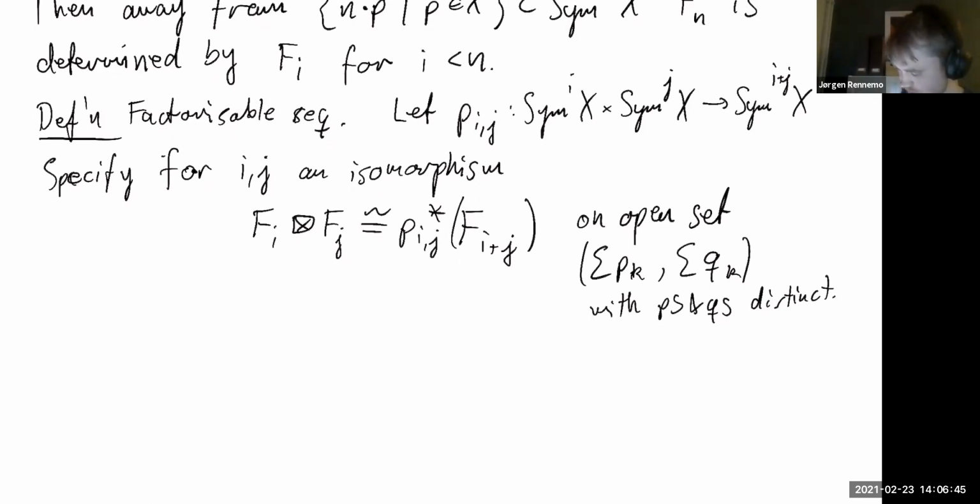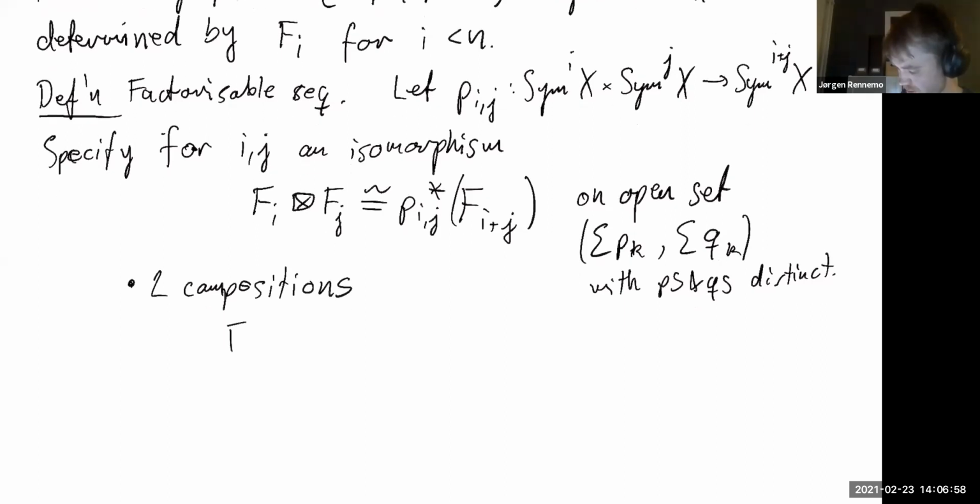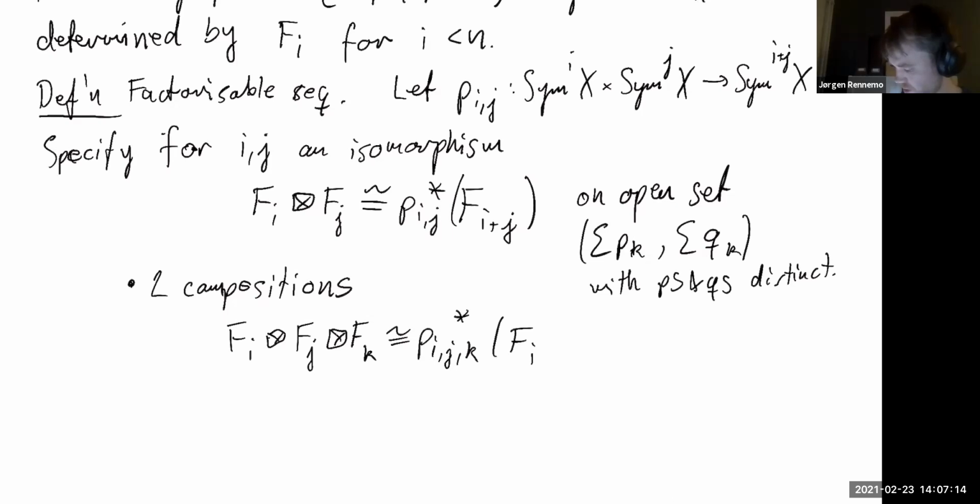We must have that the two compositions, there are now two natural compositions, Fi, Fj, Fk should be isomorphic to the pullback map, which I'll leave implicit.